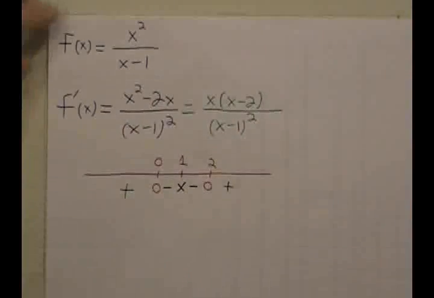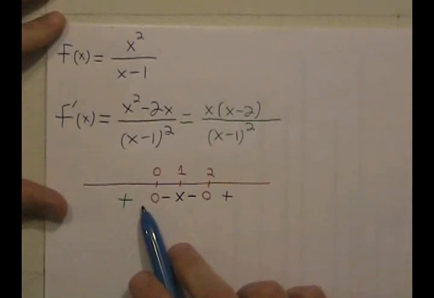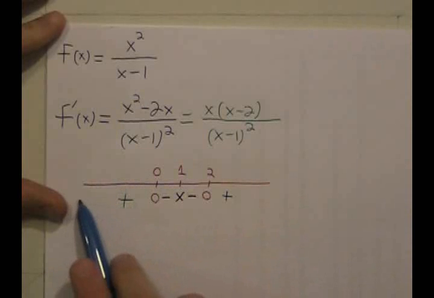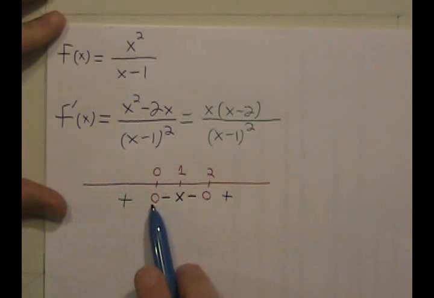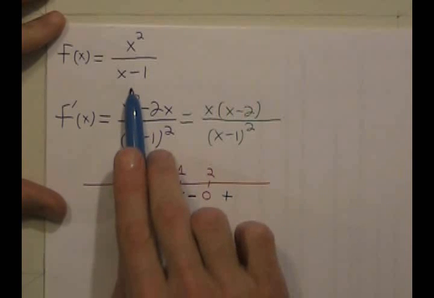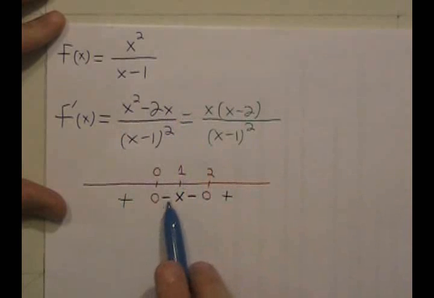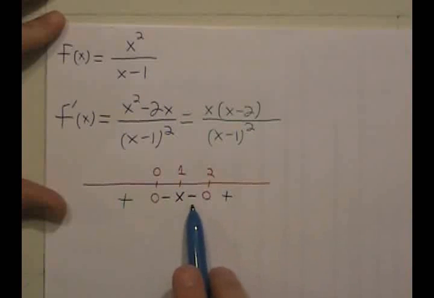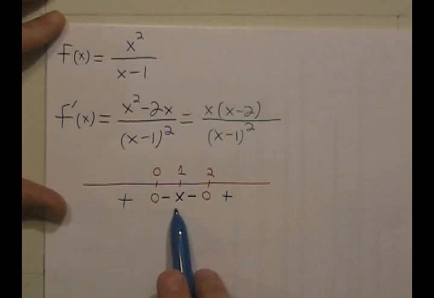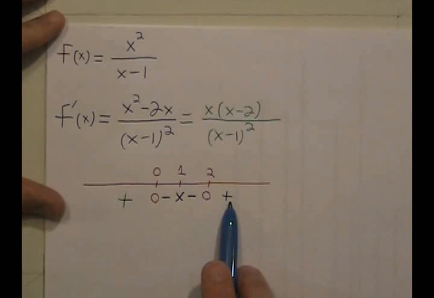So what we get out of this, just from looking at the chart for f prime, is that the original function must be increasing up until 0, and then decreasing from 0 to 1. Then it's undefined because in this case the function has a vertical asymptote, so that's a discontinuity. So it's decreasing, undefined, then decreasing again between 1 and 2, and then finally after that it is increasing again.